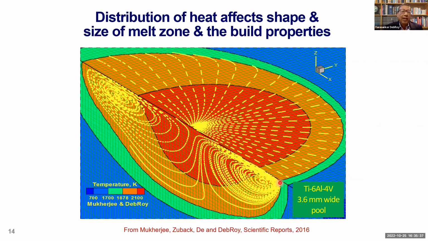It also calculates the fluid velocity. So these are streamlines. Liquid flows from the middle to the periphery because of the spatial gradient of interfacial tension, which is a stress. And this stress is known as Marangoni stress. Because of this Marangoni flow, we have mixing of the liquid within the fusion zone, and that determines the temperature field, the temperature gradients, the cooling rates, and all kinds of other parameters.